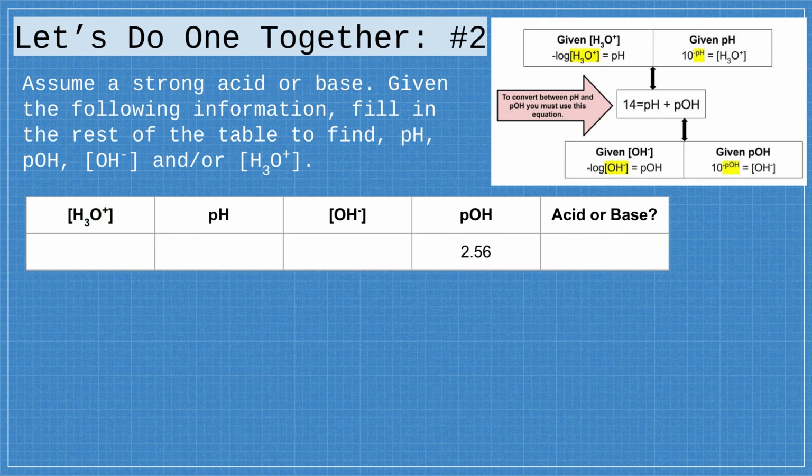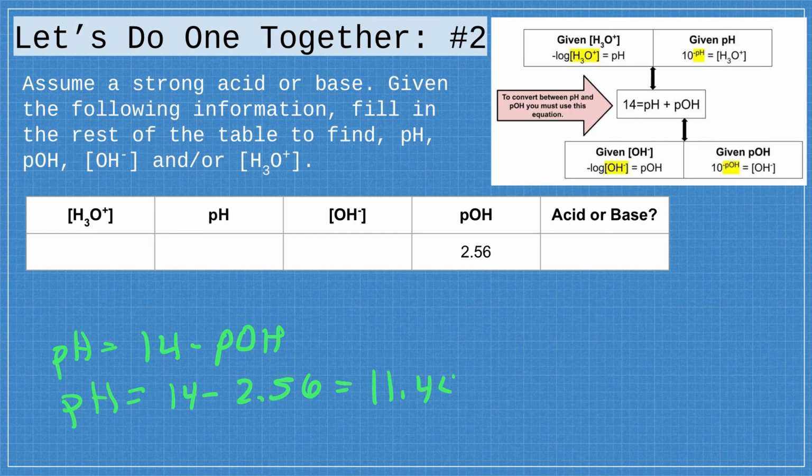Okay, here's another example. So we're given the pOH this time. And so for the pOH, we're going to first calculate the pH. So pH is equal to 14 minus the pOH. pH is equal to 14 minus 2.56, which is equal to 11.44.